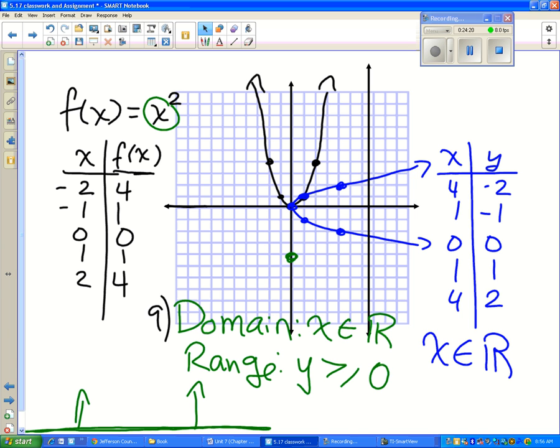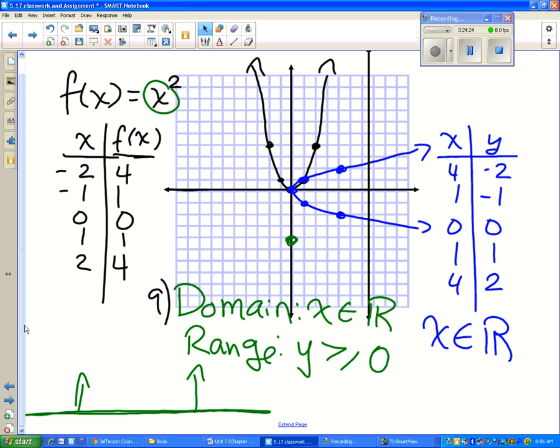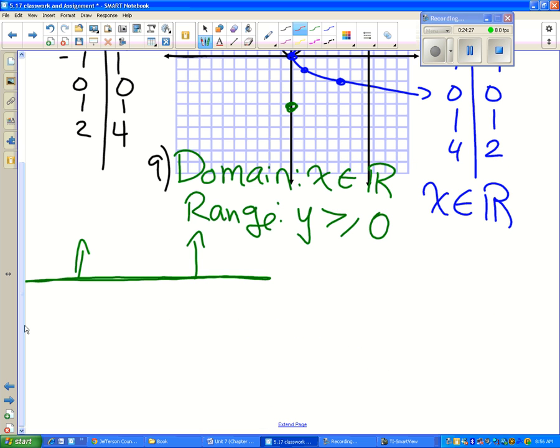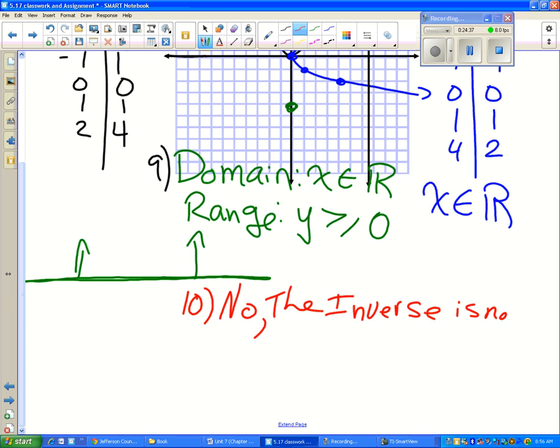The answer is yes. So number 10 asks, is the inverse a function? So the answer to number 10 is no. The inverse is not a function.